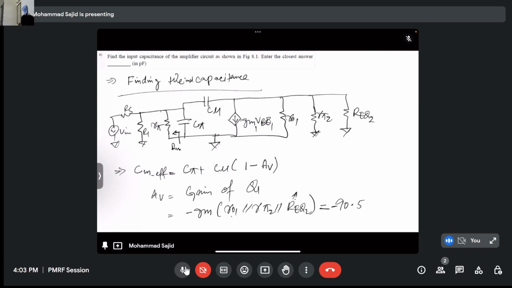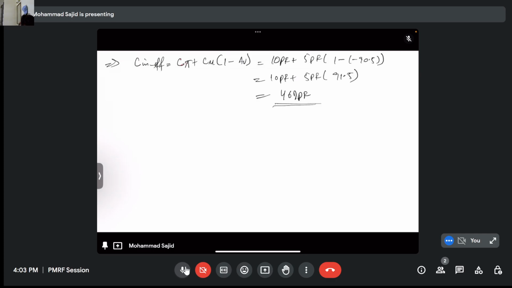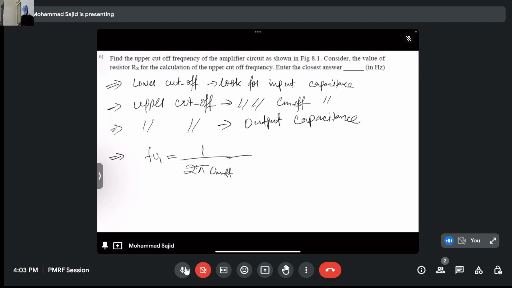If I ground this V in, so it will be RS parallel R1 parallel R pi 1.